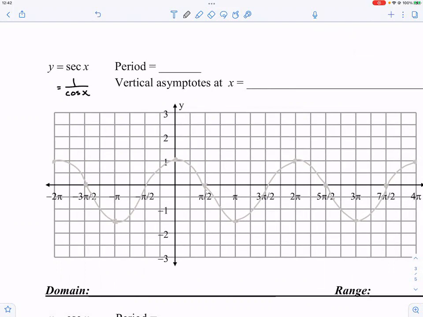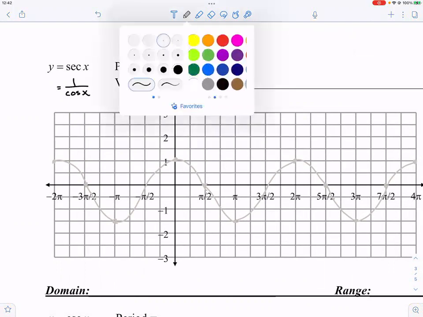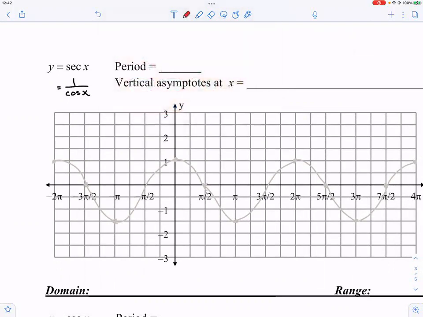Well, how? First, understand the fact that it's a reciprocal, right? The cosine x value is in the denominator. So if cosine x is equal to 0, what will be the value for secant x? It will be undefined.